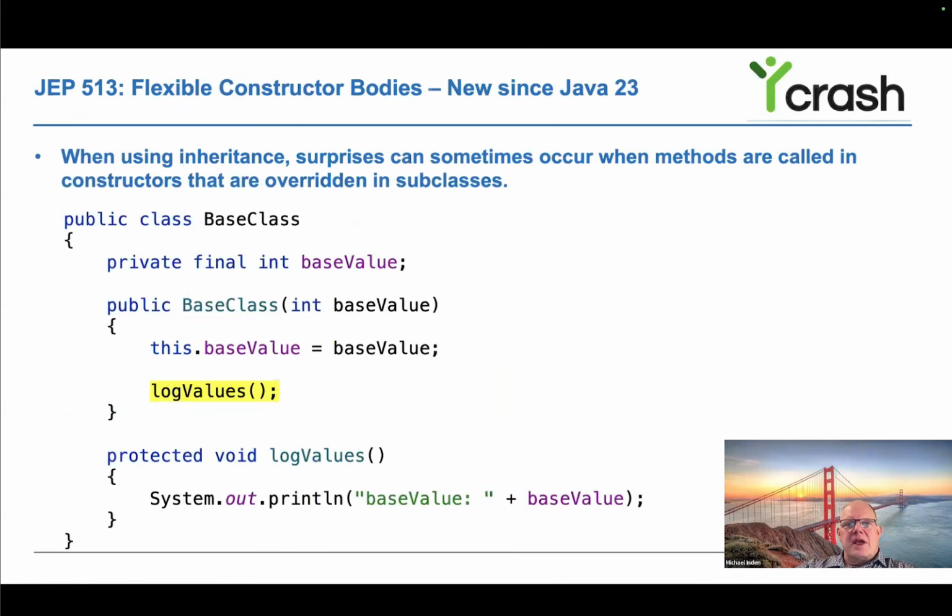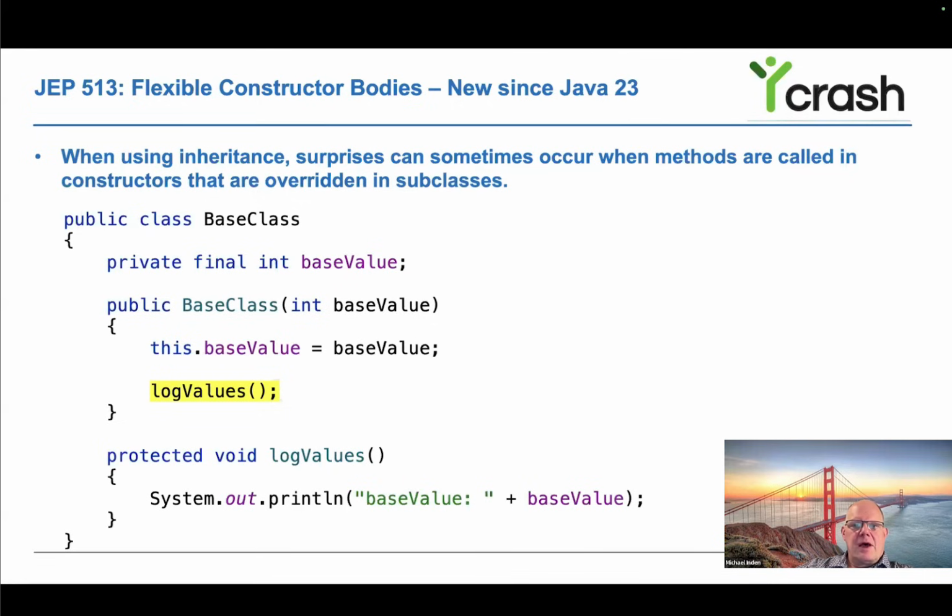But there's something which can be really annoying. If you have a base class and you are calling a non-private method in your constructor, strange things can happen. Let's assume this simple base class, we have an int value, we assign this, and then we perform this log values, and we get something we print out to the console.